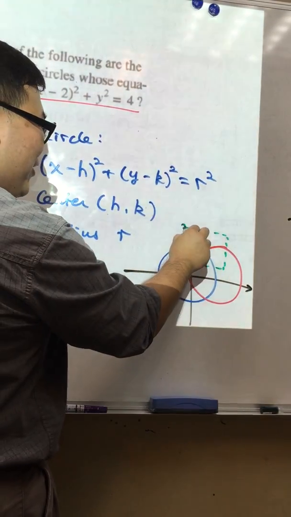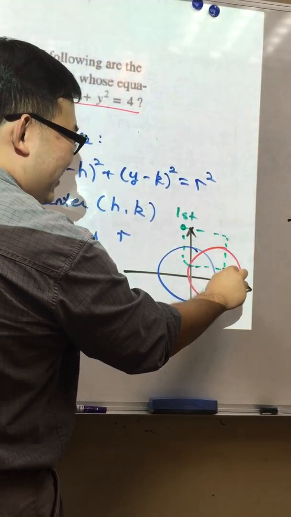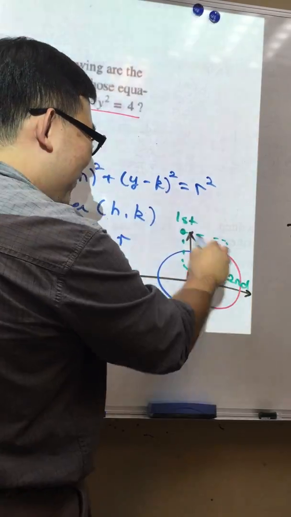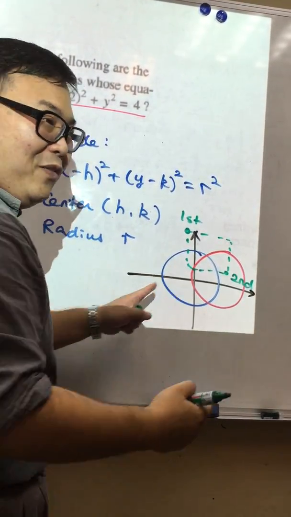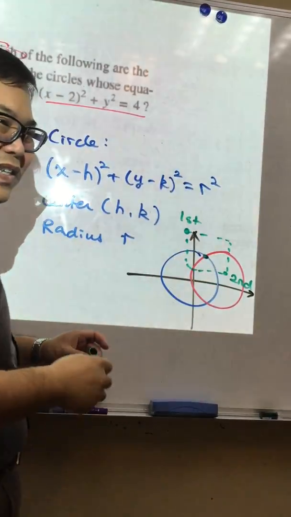Okay. So this is the first corner. This is the second corner. So therefore, you assign a region for the calculator to solve for the position of the points of intersections.